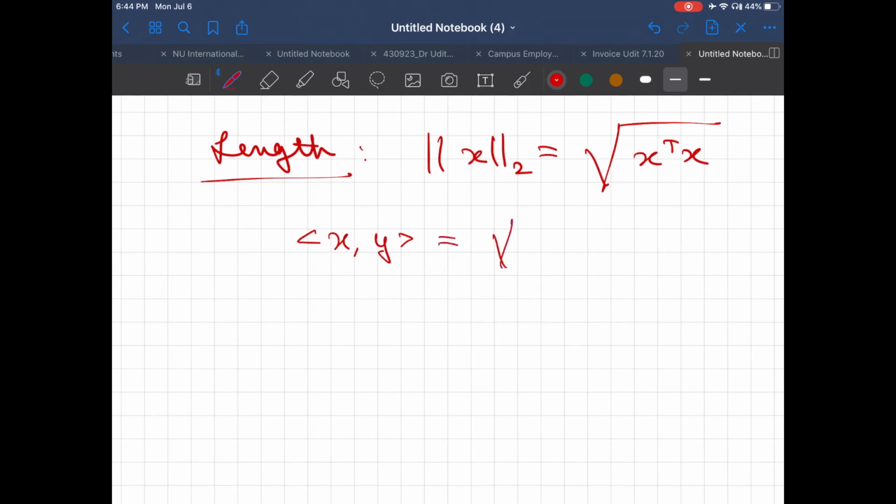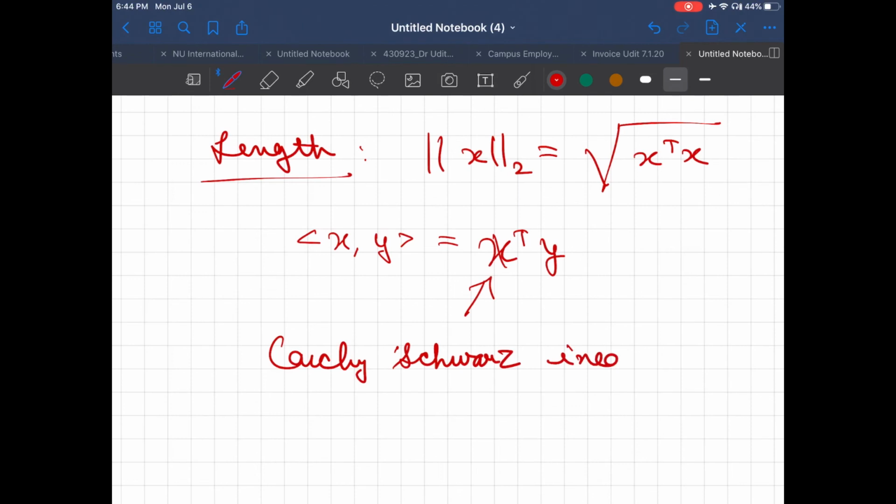we can take their inner product, and that is specifically represented by dot product as x transpose y, and this gives us a way to define or look into what we call the Cauchy-Schwarz inequality.